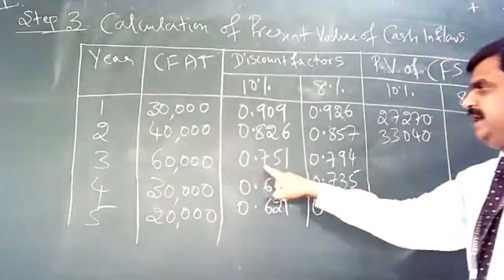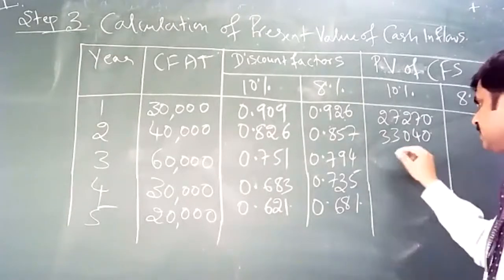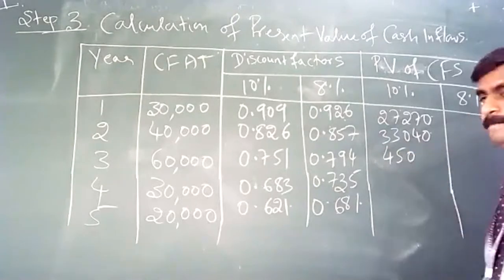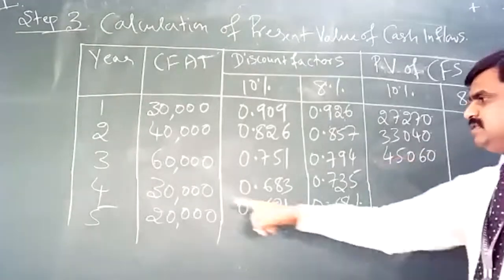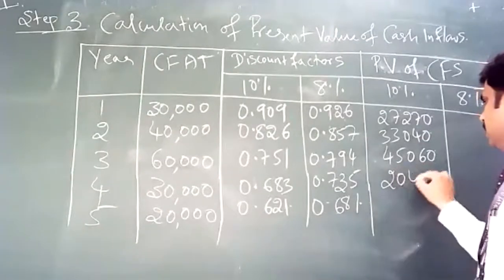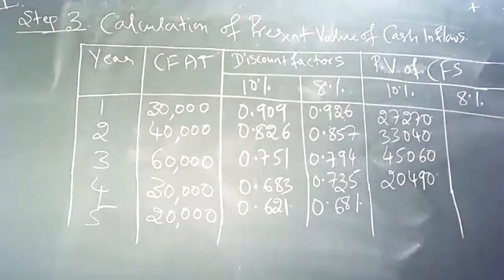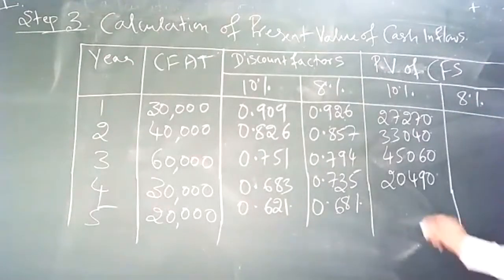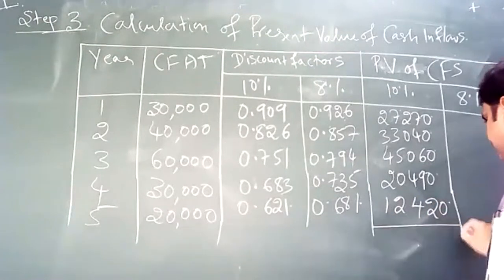Next, 60,000 into 0.751, that is 45,060. Next, 30,000 into 0.683, that is 20,490. Next, 20,000 into 0.621, that is 12,420. And we go to this.